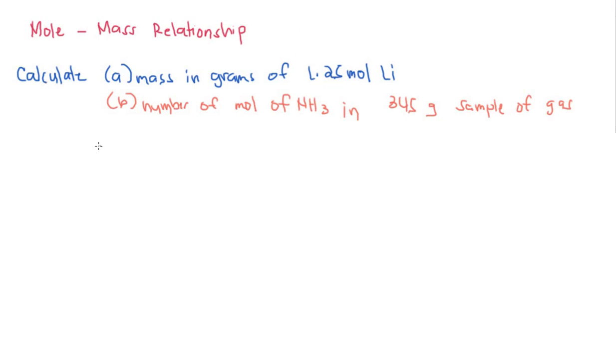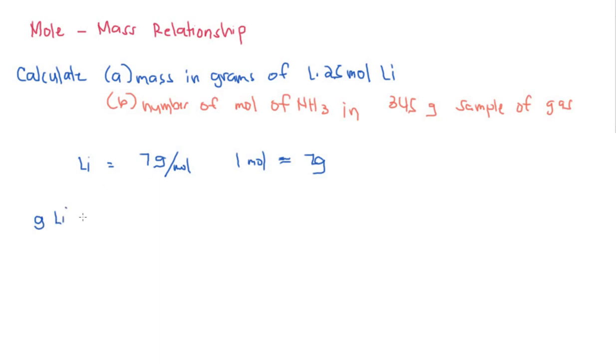I told you earlier that lithium has a molar mass of 7 grams per mole, meaning for every 1 mole, there is an equivalent approximate value of 7 grams. To get the mass in grams given the 1.25 moles, we just convert it. So let's start with this formula. We find the grams of lithium.